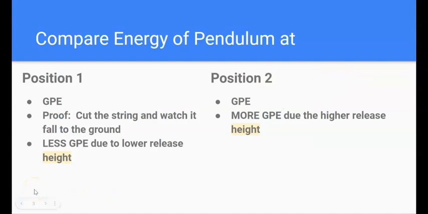Okay, so to go back, we just answered the first 2 questions, questions 1 and 2 from the pre-trials in your journal. So if you turn towards the end of your lab report for the pendulum lab in your journal, go to the questions for the pre-trials. We just answered numbers 1 and 2. We compared the energy at positions 1 and 2.